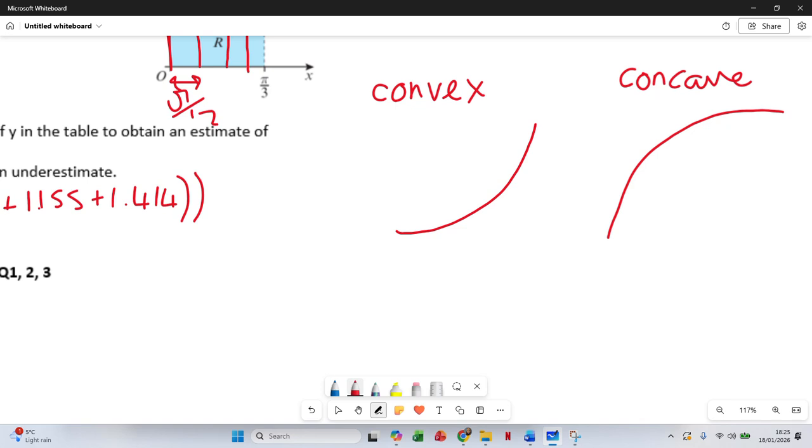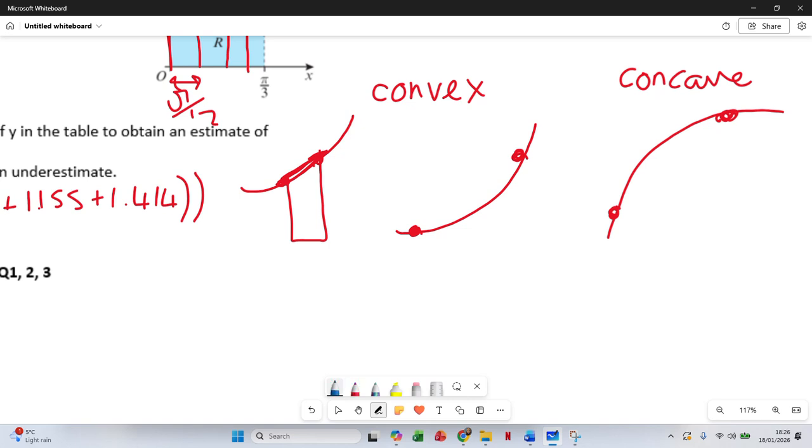So what I'm going to do is I'm going to draw 2 points on each one. And for the trapezium rule, we're literally drawing trapeziums. So say our curve is here, we are basically just drawing little trapeziums. So there's going to be a straight line connecting those 2 points together. And the shape of the curve will tell us if it's going to be an underestimate or overestimate, because basically is the line going to go above or below the curve.